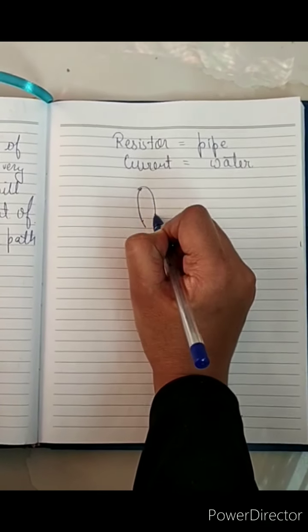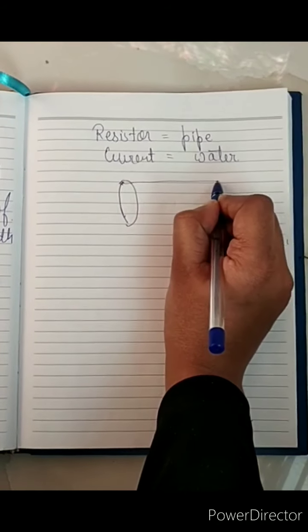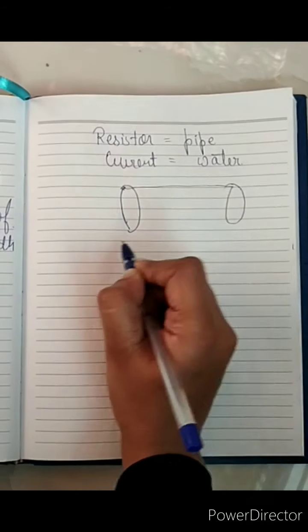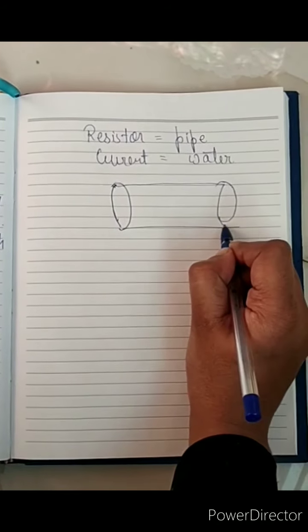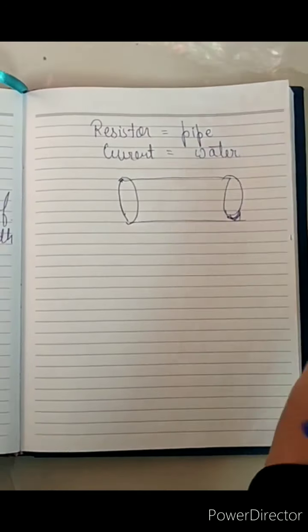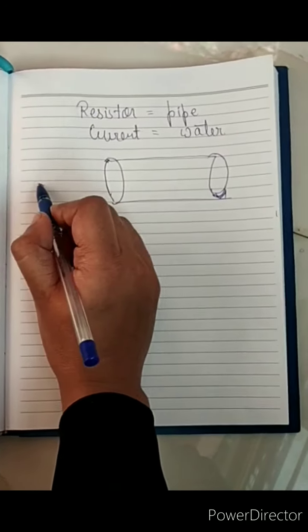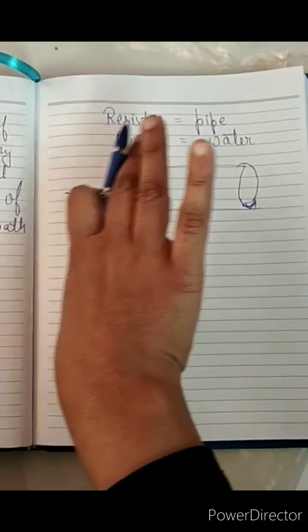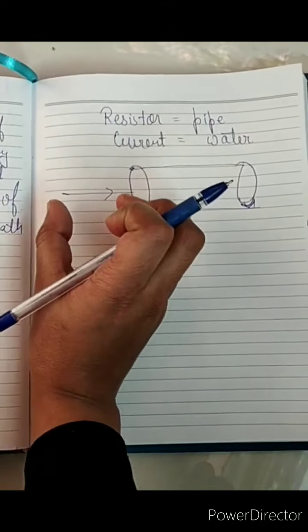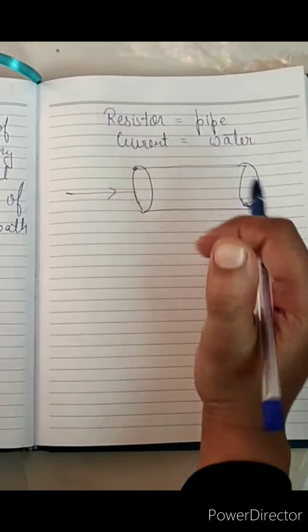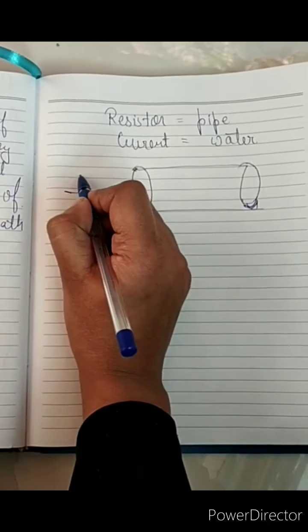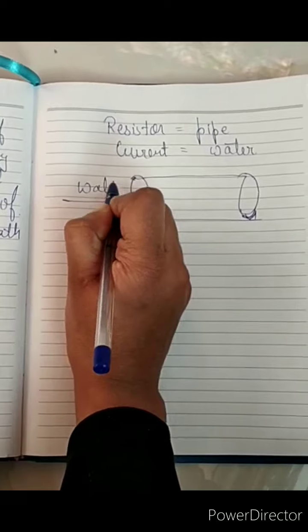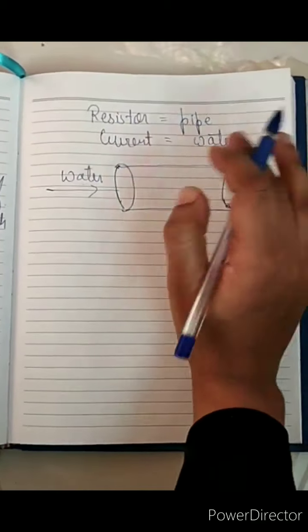This is a very large cross-sectional area pipe. Its width is also very large. Whatever water is going in, we are giving the same amount of water every time. So this is our water and this is our pipe.